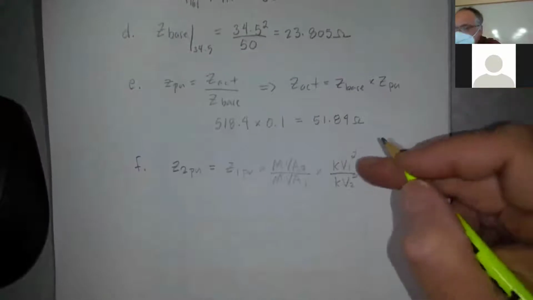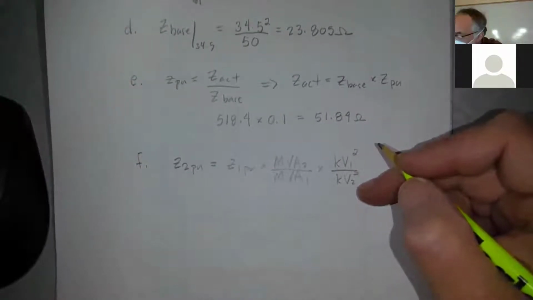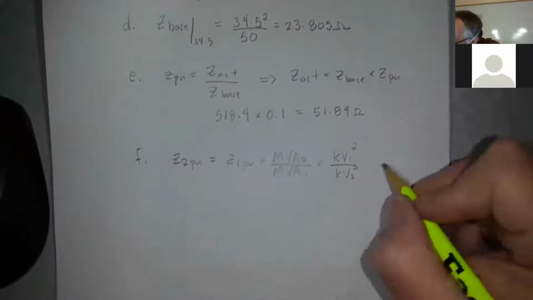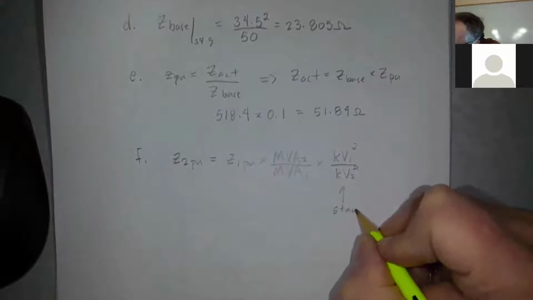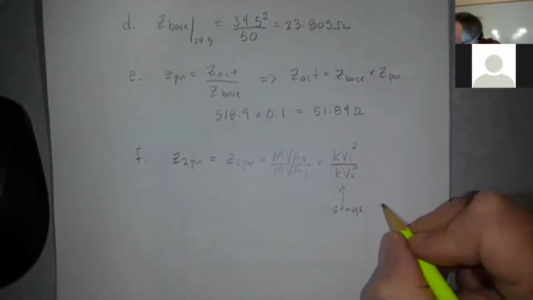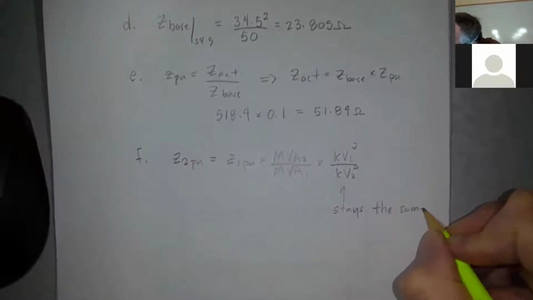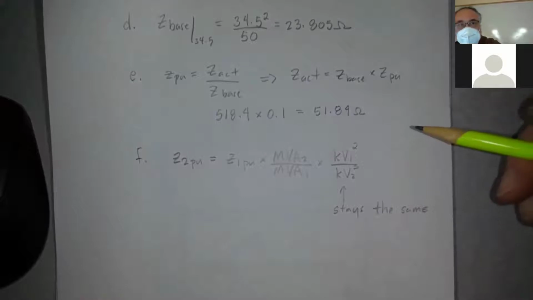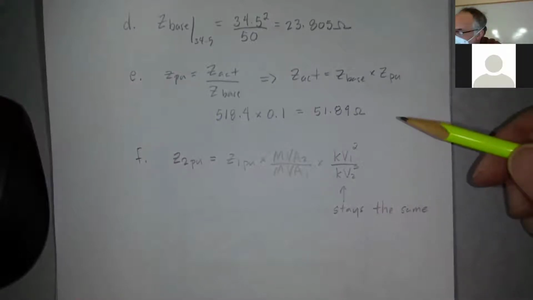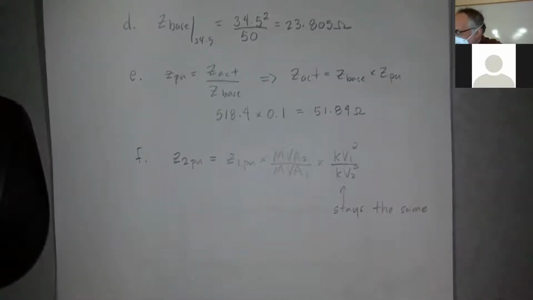Now, in this problem, we're not changing the voltage. All we're changing is the system base, right? So that stays the same. So the KV1 and KV2, we're not changing the KV, right?